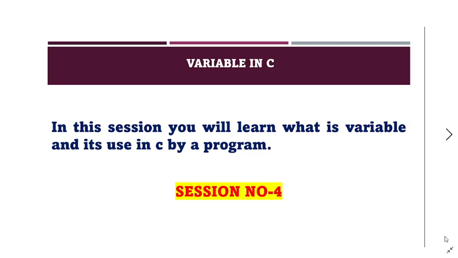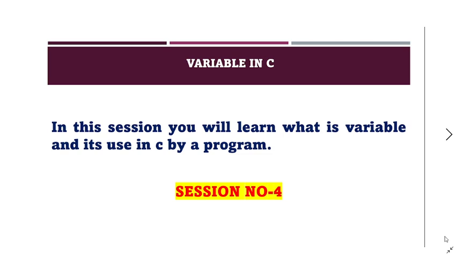The difference is only one: the size of the variable will grow. As you move from float to double and double to long double, the range of data these variables can hold will grow, will be more.